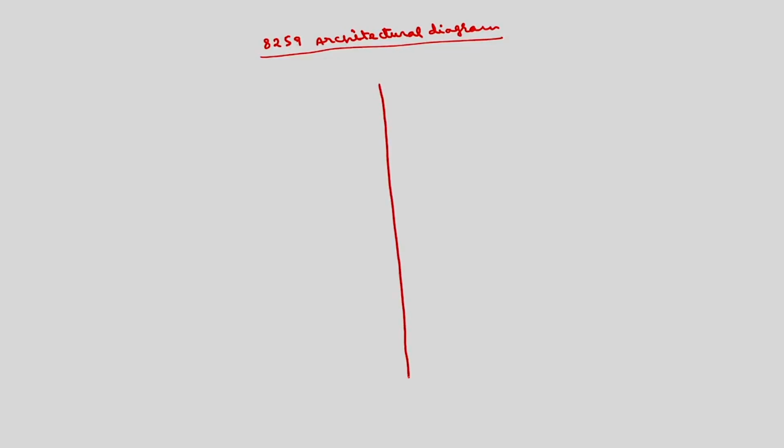In the architectural diagram of 8259, there will be an internal bus, which will be used to communicate between the different blocks of 8259.